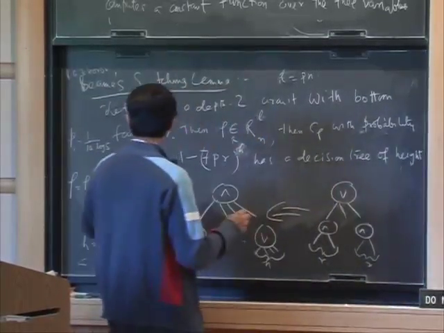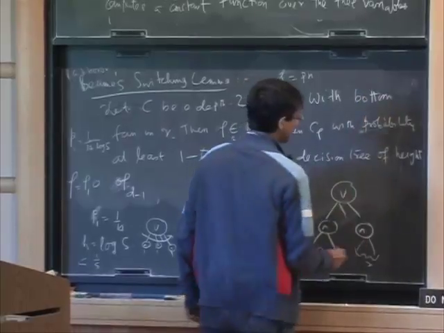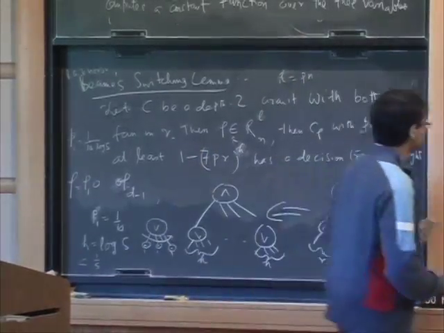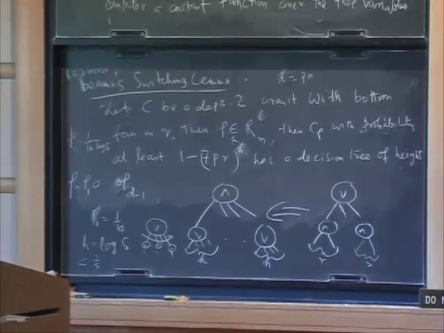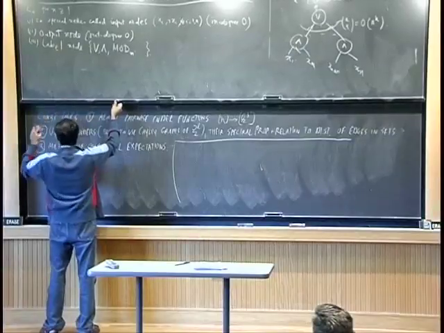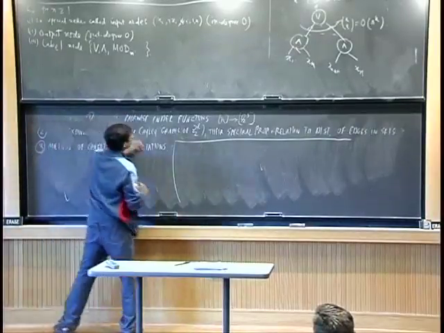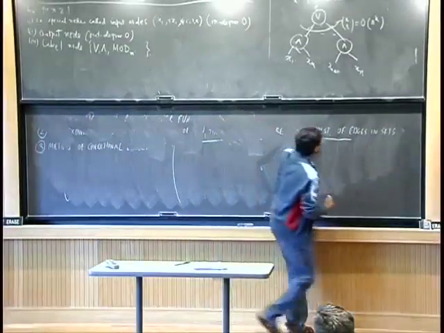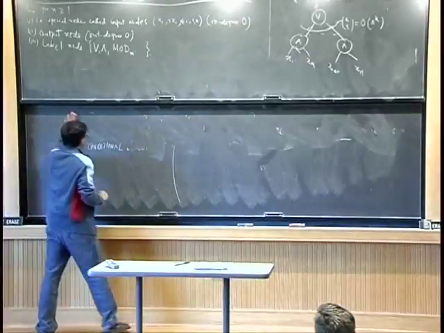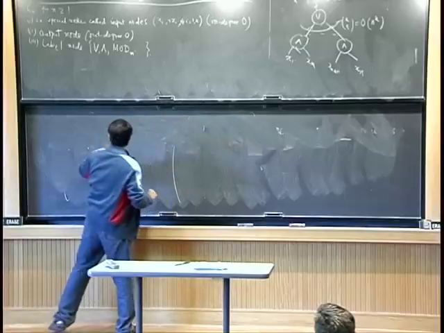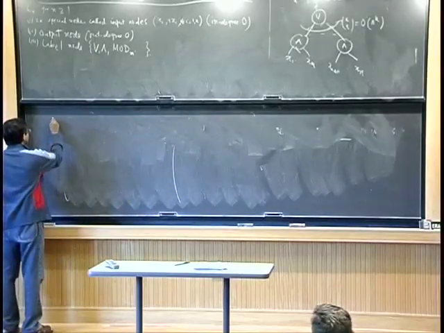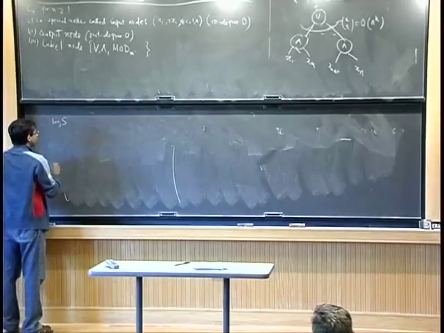So at each point, I decrease by 14 log s. I have a decision tree of height log of s.